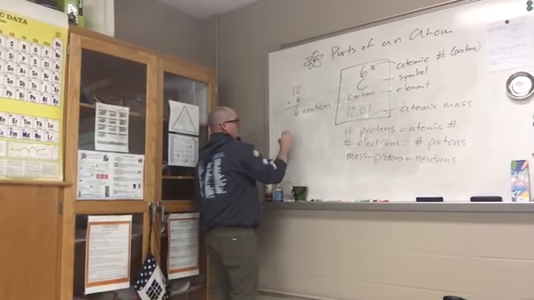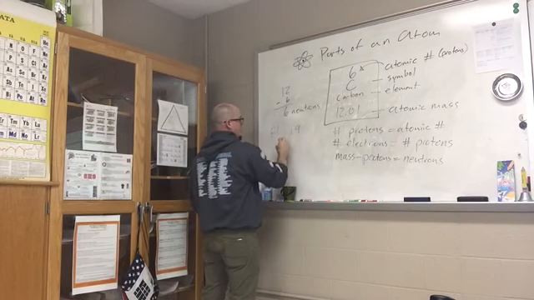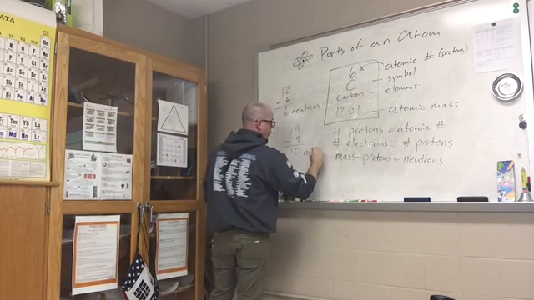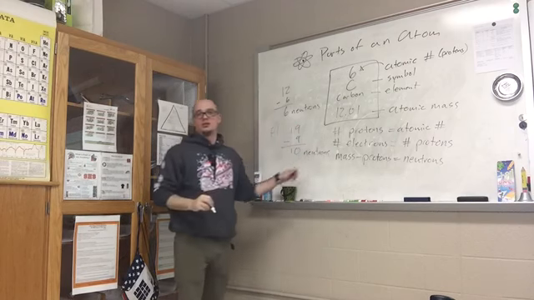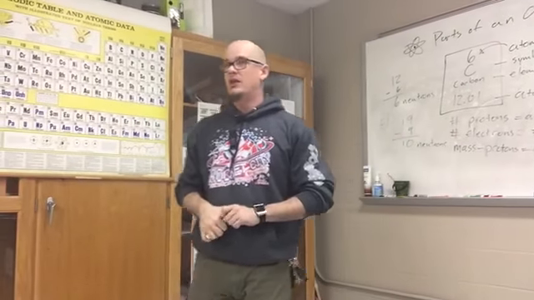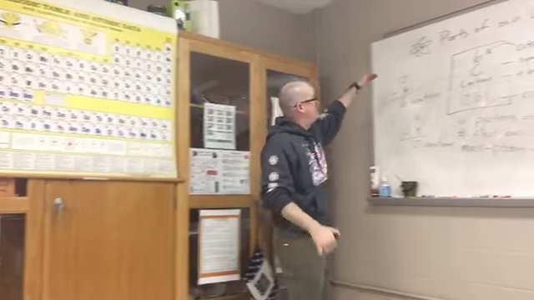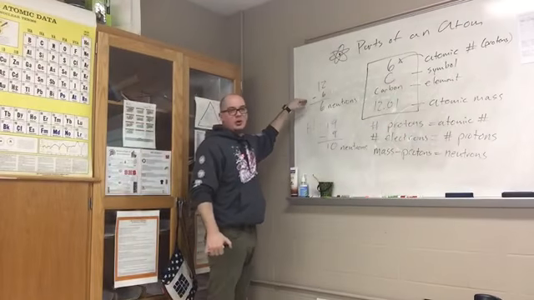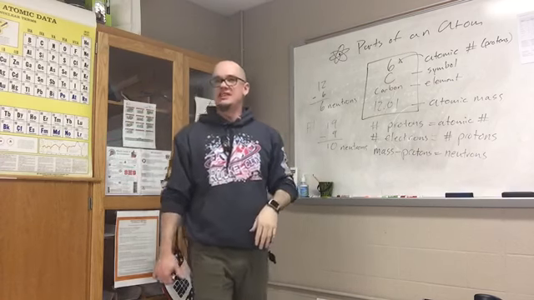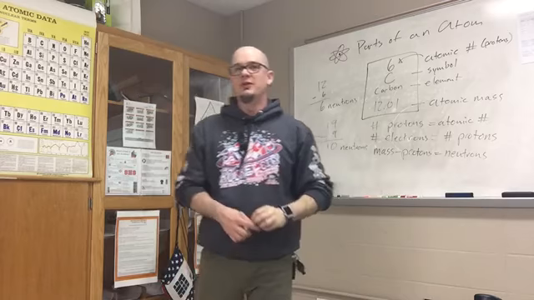So for fluorine, we're going to take 19, and we're going to subtract 9. We actually have 10 neutrons, 1 extra neutron. They don't match sometimes. So be prepared for that. Always take the mass, subtract the number of protons. It will give you the neutrons. Does that make sense? It's not too difficult math, right?